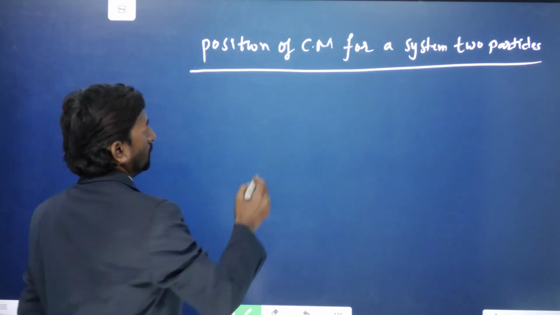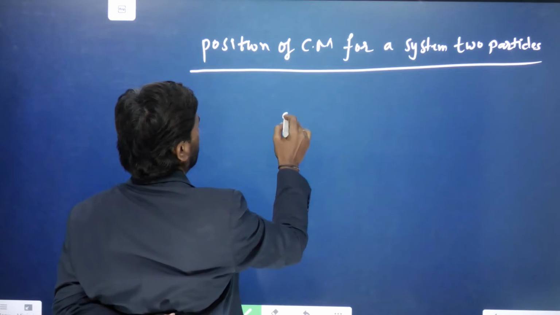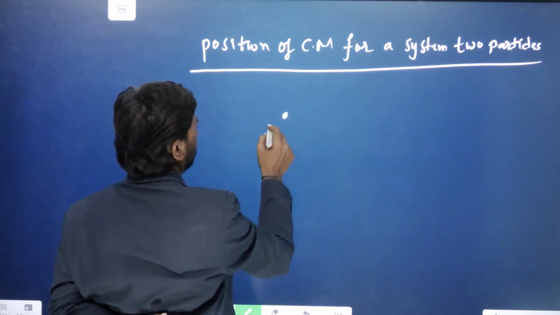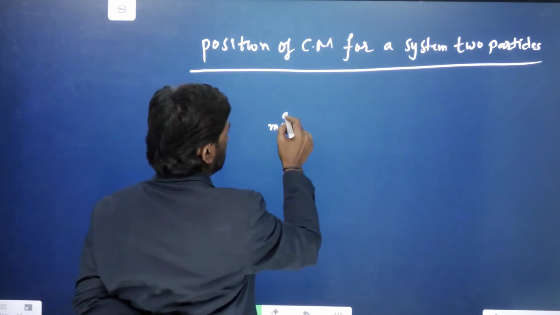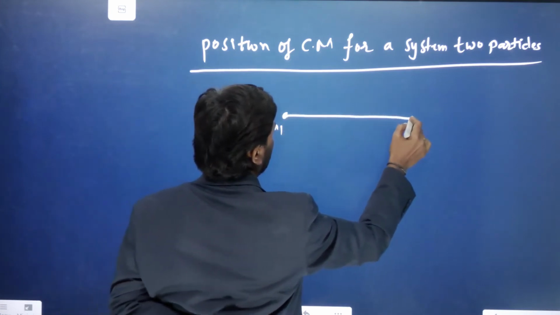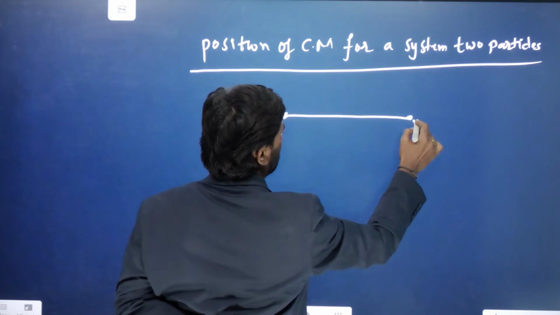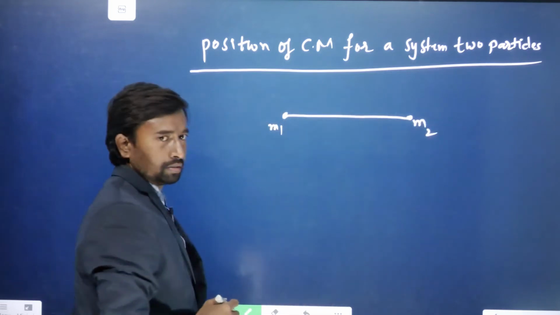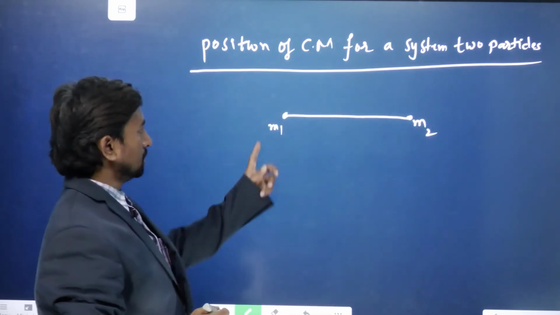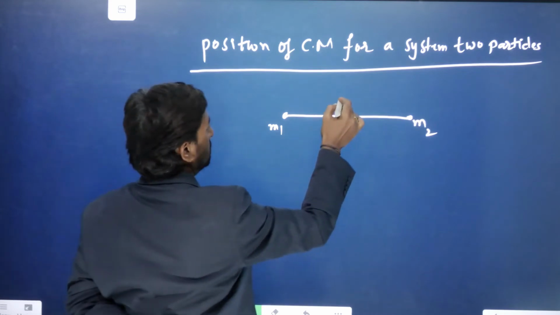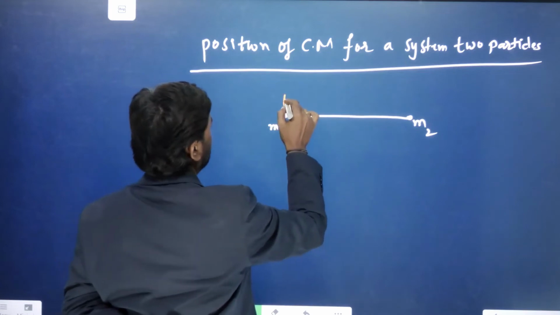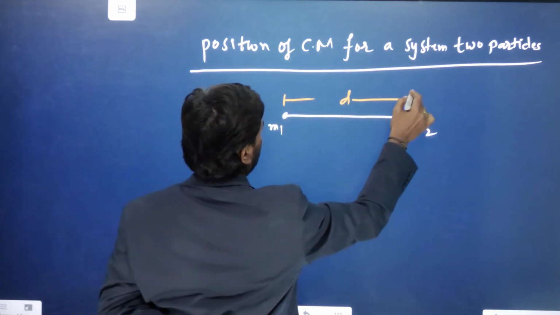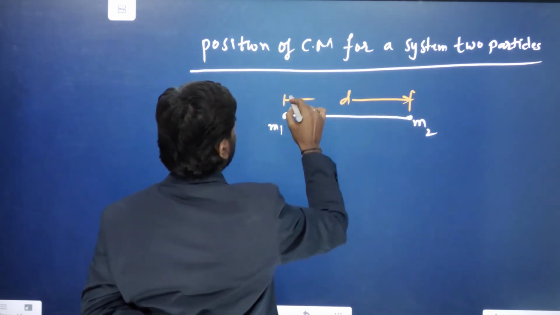So let us consider two particles. This is a mass m1, and at a distance d, one more particle of mass m2 is present. Consider the distance between the two particles is d.